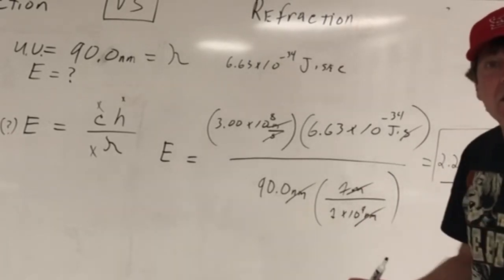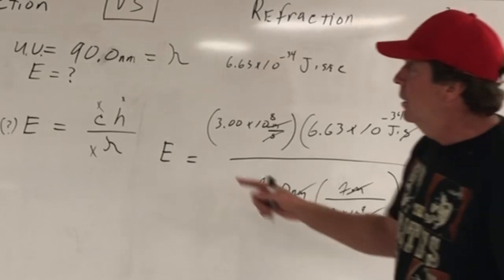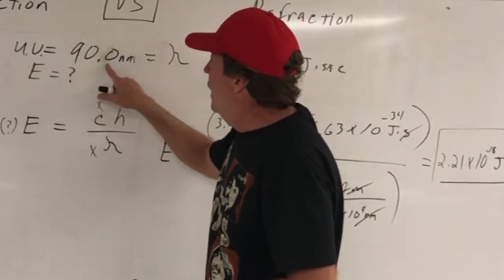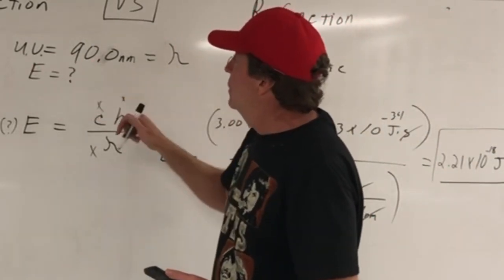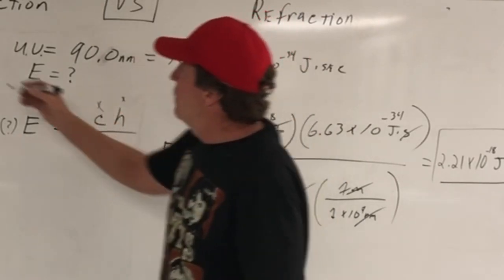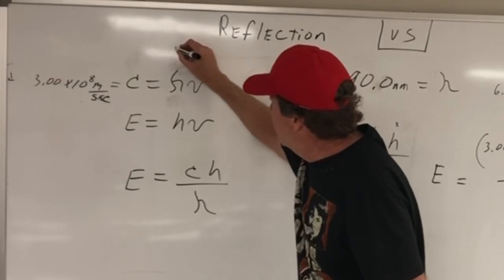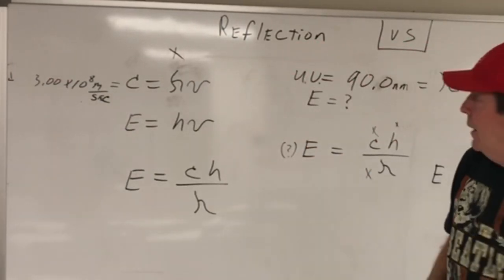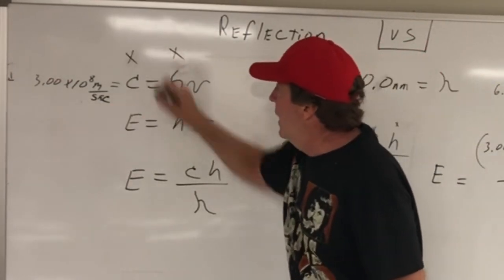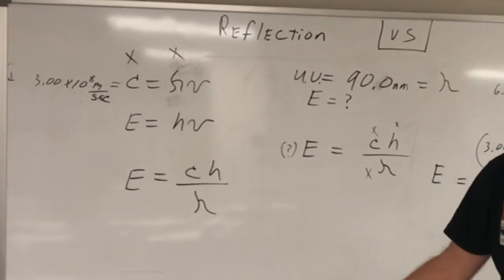Could I have done this another way? I could have. Here's my UV in nanometers. There's my wavelength. So let's go over to this formula. I know wavelength is given, so I can put an X. Speed of light's a constant, so I'm always going to be given that.